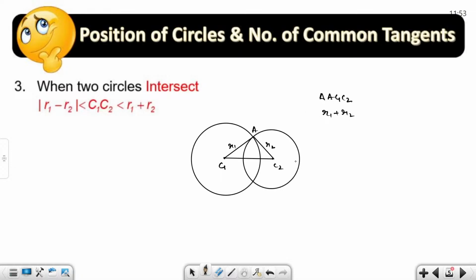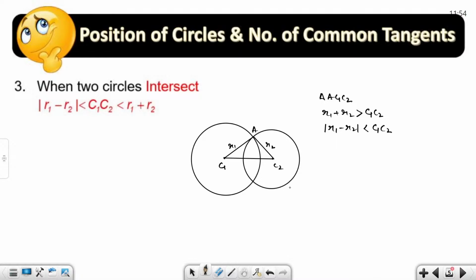the sum of any two sides will always be greater than the third side. Am I correct? This we all know from the triangle property. At the same time, the difference between two sides of any triangle is always less than the third side.